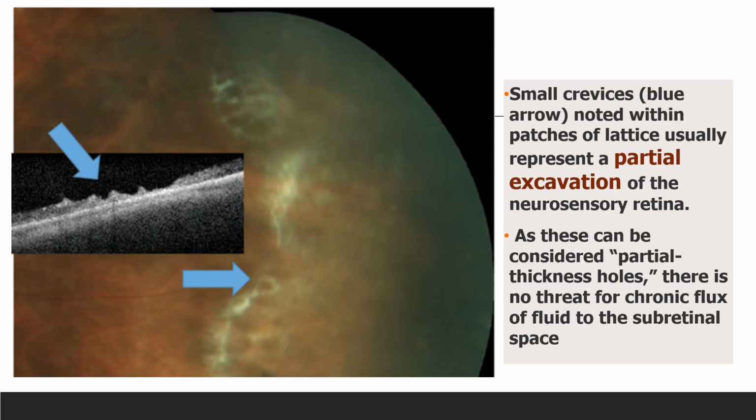All right. Now, atrophic holes can also be partial. They might not be complete, and such atrophic holes might look like a partial excavation of the neurosensory retina. As you can see over here, this is a partial retinal hole, and you can see how it has actually excavated the neurosensory retina.